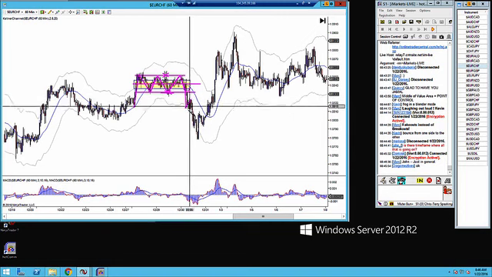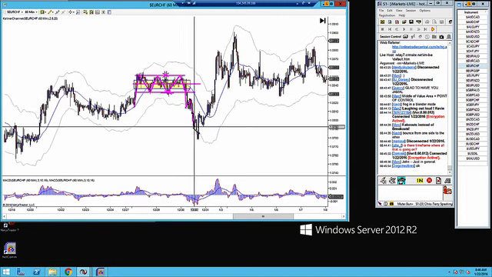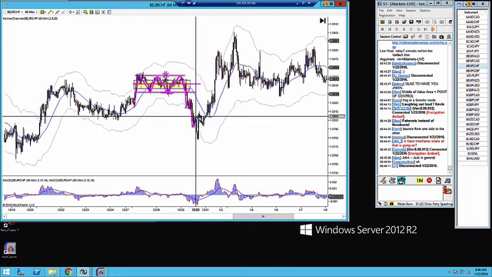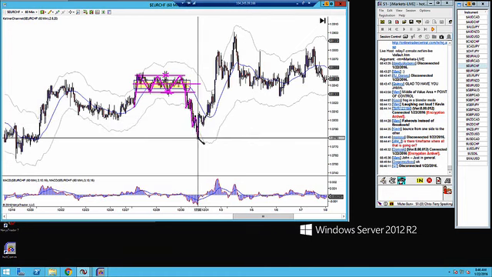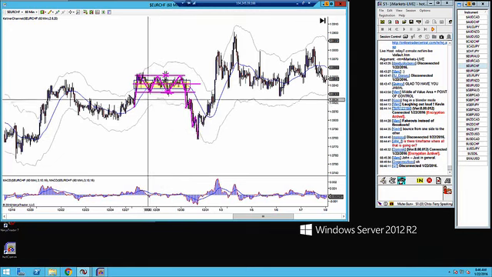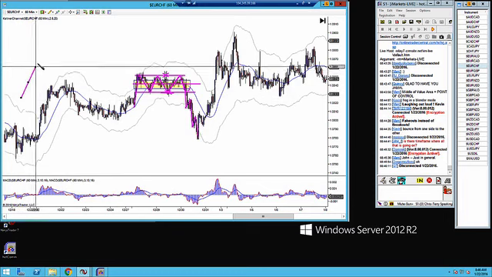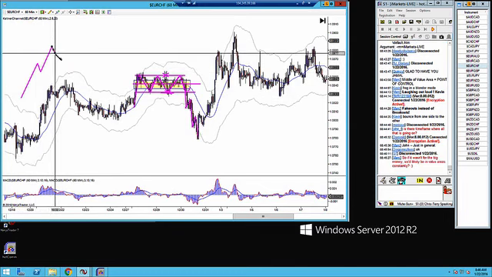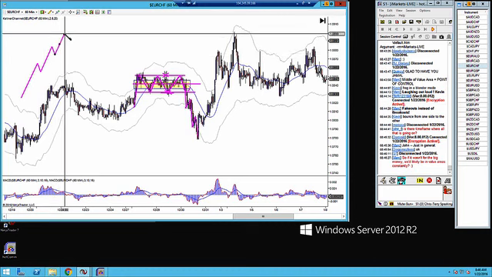Pull back. So drive 1, drive 2, drive 3. Three drives down. You see that? So we all know, and we discussed this before, 1, 2, 3 drives down.